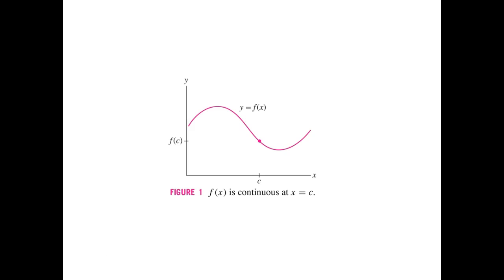Specifically it's continuous at point C, because all the values on the left and on the right are defined and fit, and C itself fits. Okay, that is a continuous function.